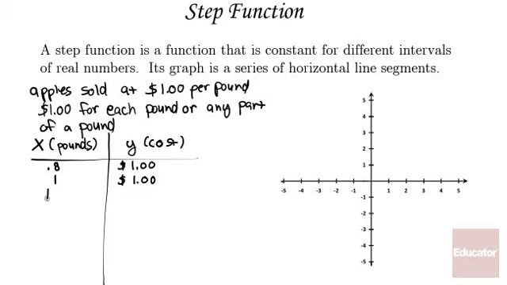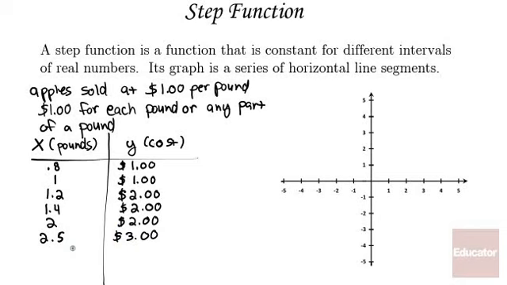If I have 1.2 pounds, I'm going to get charged $1 for that first pound, and then the 0.2 is going to be another $1. So $2. 1.4 pounds, again, $2. And on up, 2 pounds, $1 for the first pound, $1 for the second pound. 2.5: $2, and then the 0.5 is another $1, so that bumps me up to $3.